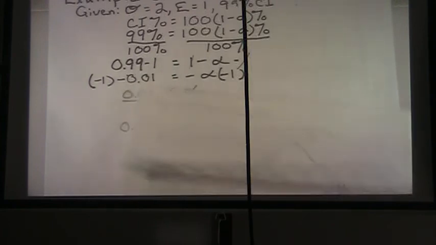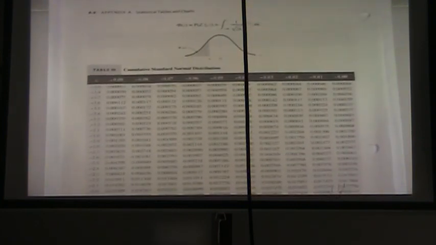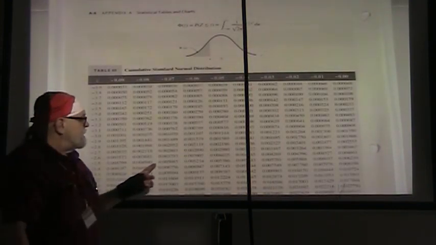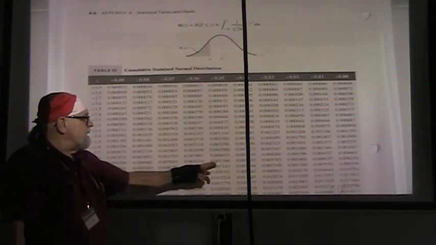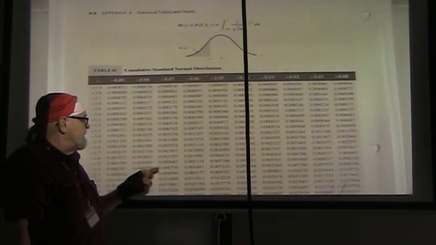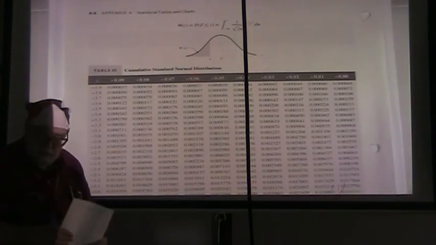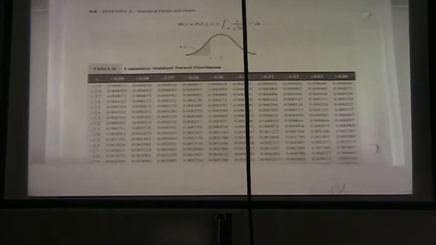So, once again, I get my table. Right, and I get it here, and I look for where is 0.005, and then I start looking at which of these 0.005s is the closest to a true 0.005.